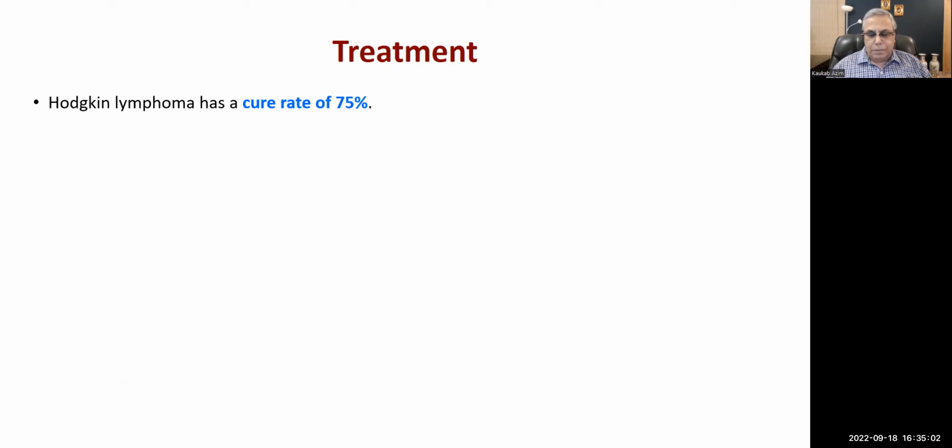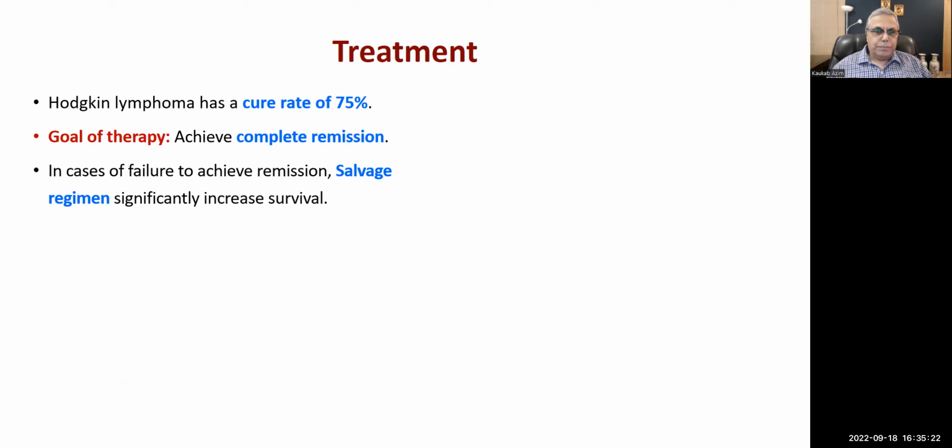Okay, the others are backup protocols, or if this protocol doesn't work, or if there is some contraindication to this protocol ABVD, then we use the others. So the goal of therapy, because the 5-year survival rate is very good, our goal is to achieve complete remission. In cases of failure to achieve remission, salvage therapy is there.